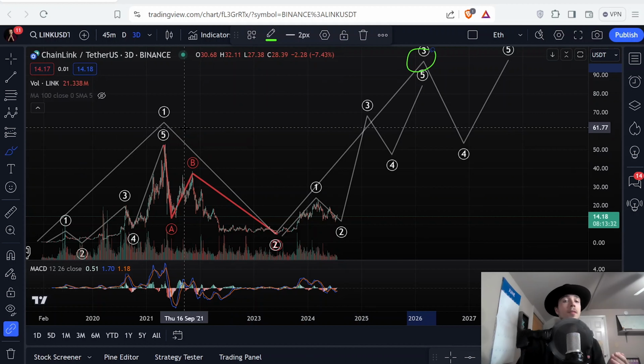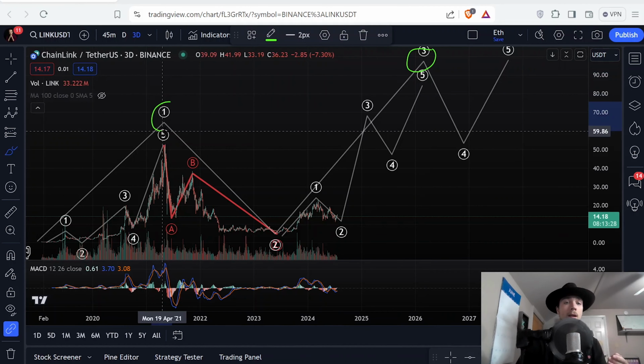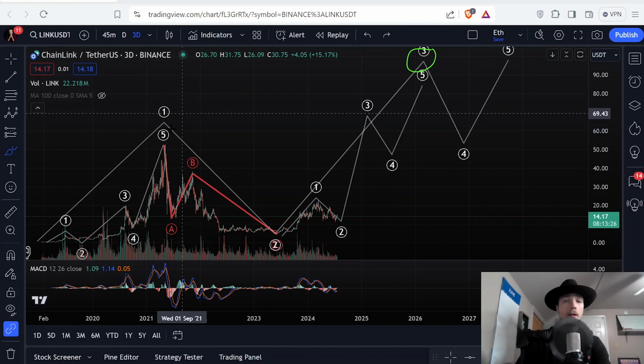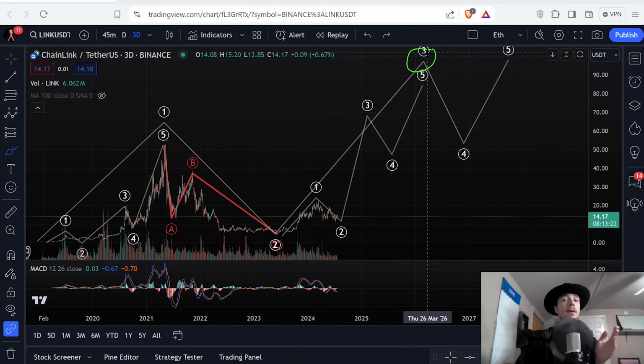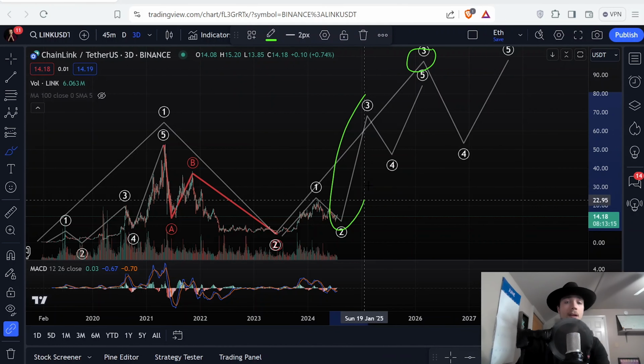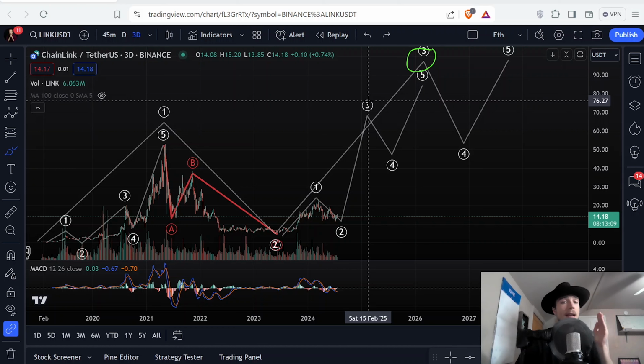So we know that our big picture wave 3 will take us above our previous all-time high. So we have our big picture wave 1, big picture wave 2, and our big picture wave 3 getting ready to happen. And our subwave 3. So when we have 2 3 waves stacked on top of each other, a subwave and a major wave, it's going to be impulsive.